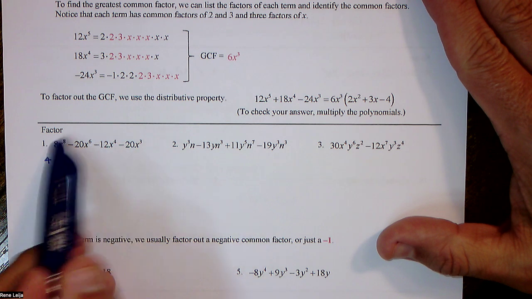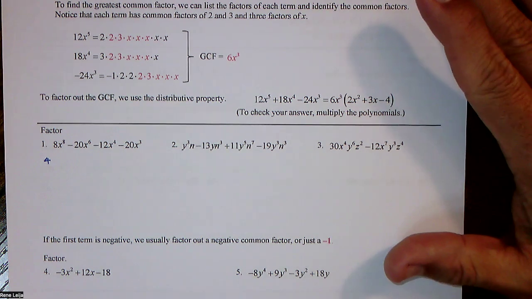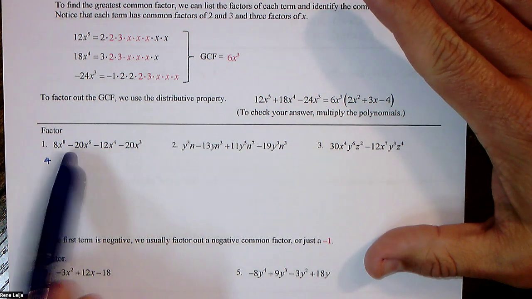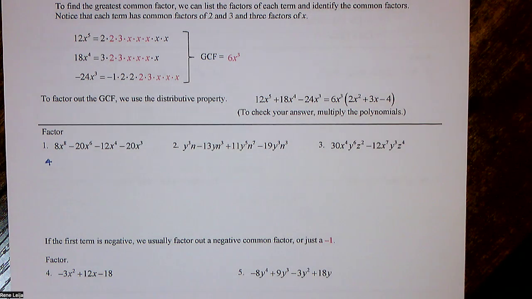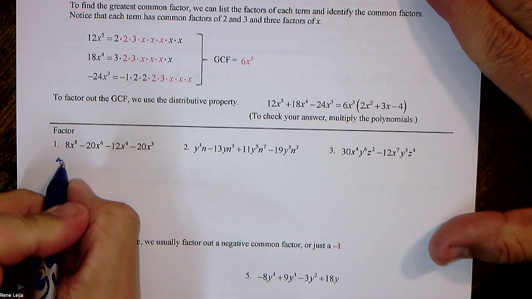So the variables work differently, they work opposite. The GCF for the variable is actually the smallest exponent. But for your numbers, it's the largest factor that you can take out. So in this case, the GCF for my variables is going to be an x to the third.